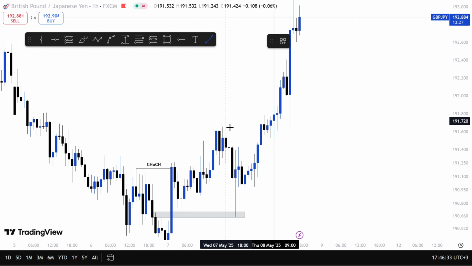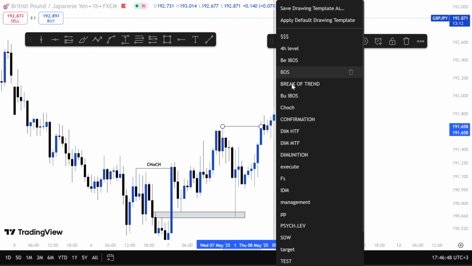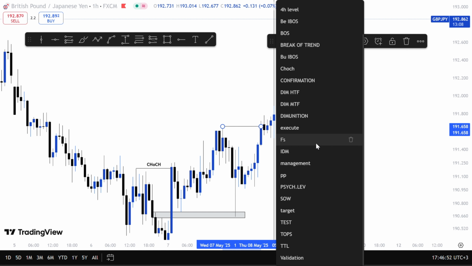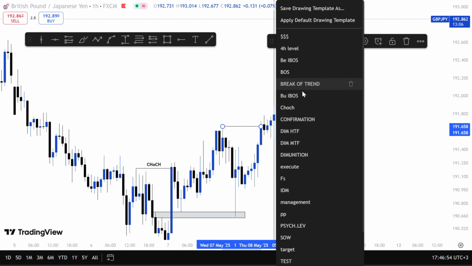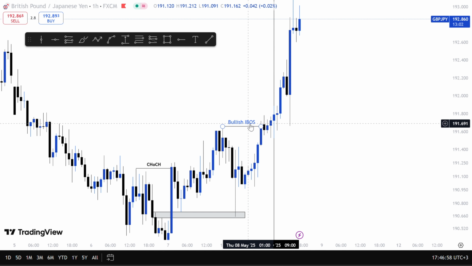So just marking this again, we had this other break, and after this break my thinking was, we had this other bullish, I call this bullish eyeballs because it's an intra structure. It's a bullish intra break of structure.